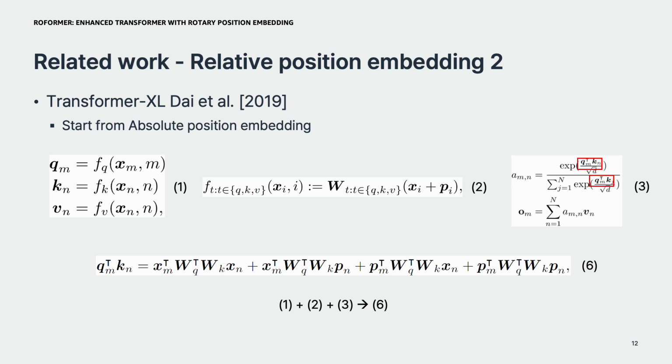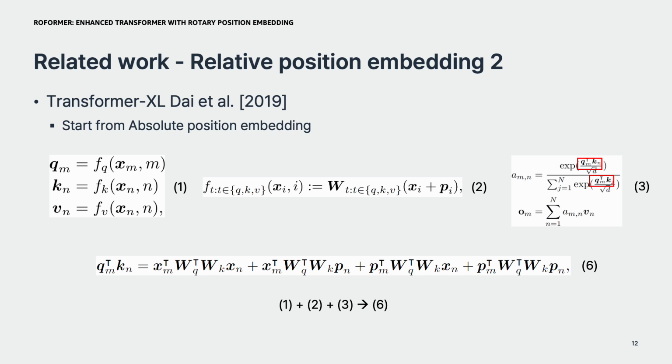Subsequently, Dai proposed a more advanced method with Transformer-XL. Transformer-XL starts from absolute position embedding, but mathematically transforms it to implement attention based on relative position. Let us now take a look at how absolute positional embedding is implemented in formula form.